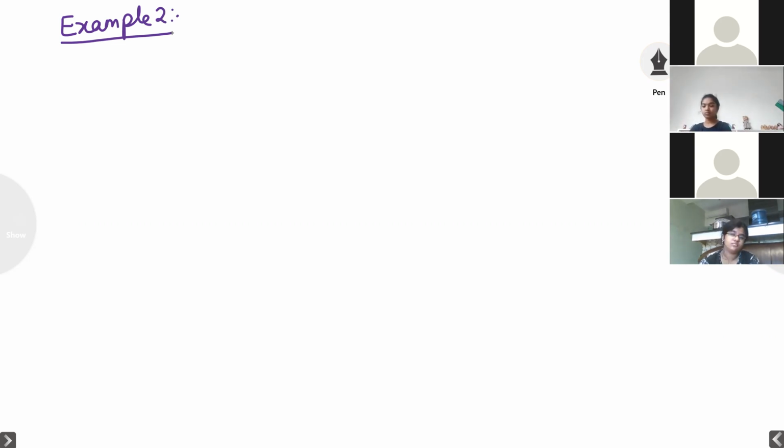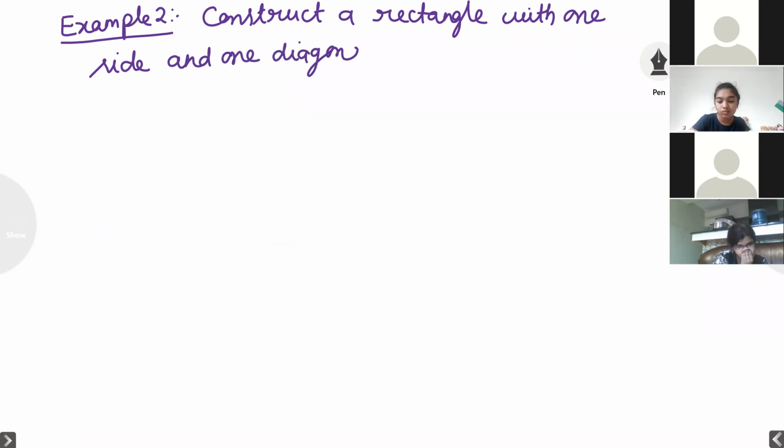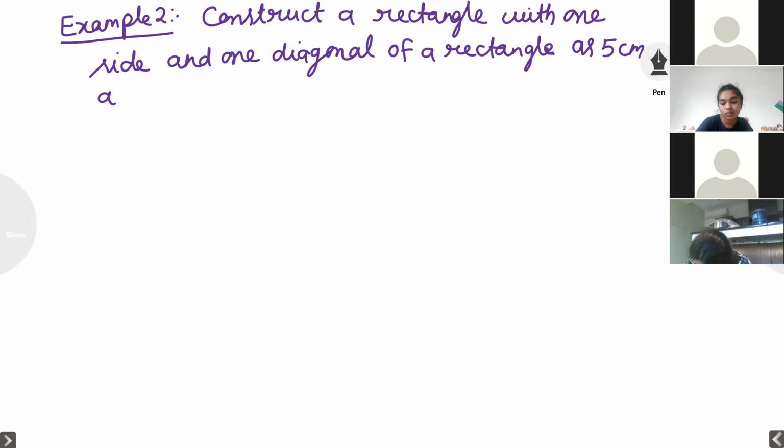Construct a rectangle with one side and one diagonal of a rectangle as 5 centimeter and 5.7 centimeter respectively.